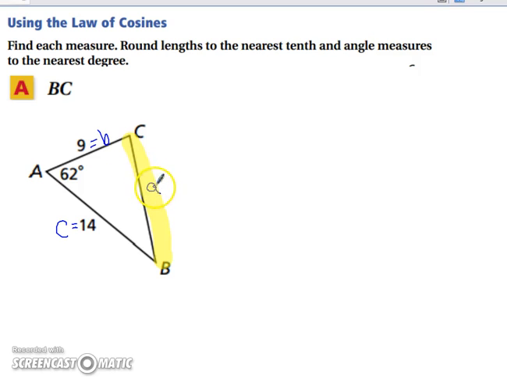So we're going to take A squared, as it's the side we're looking for, must equal the sum of the other 2 sides. So the sum of the other 2 sides, and we're going to square it.